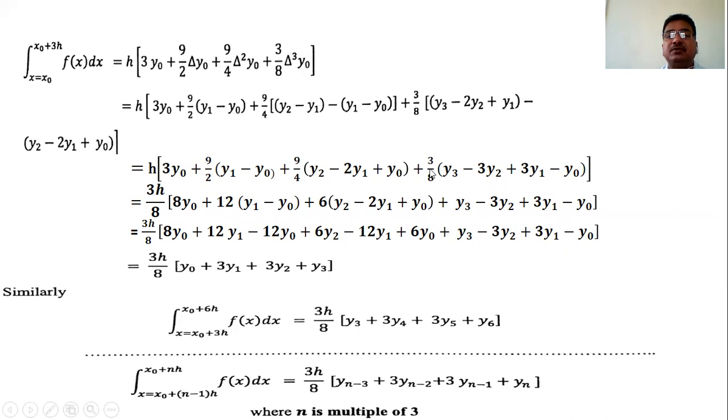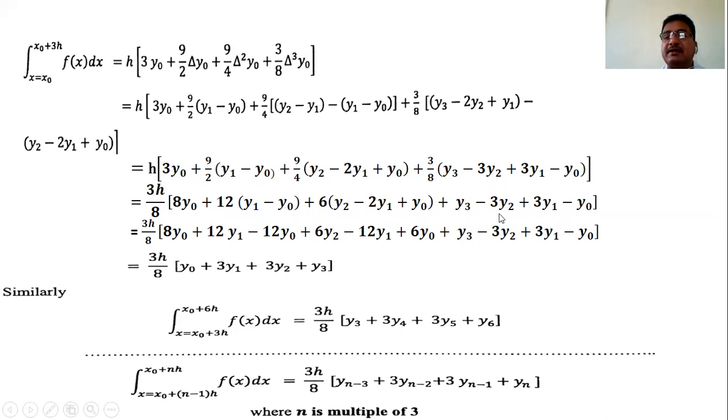So multiplying by 8 and dividing by 3 gives 8y0. Here 9 by 2 into 8 by 3 is 12, times y1 minus y0. Here 9 by 4 into 8 by 3 is 6. And this 3 by 8 into 8 by 3 is 1.